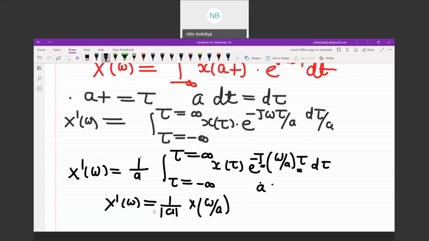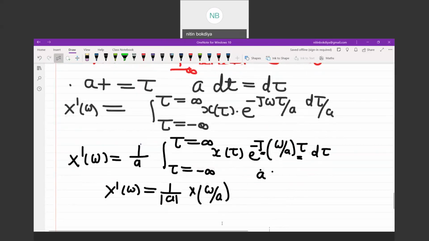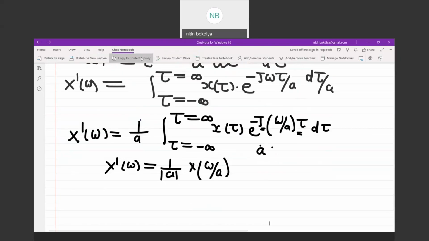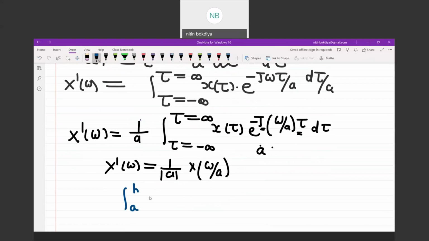When you take a equal to a negative number, it will flip the limits. The integral from a to b of dt can be written as minus the integral from b to a of dt.